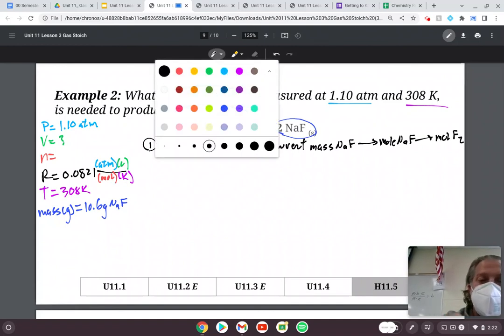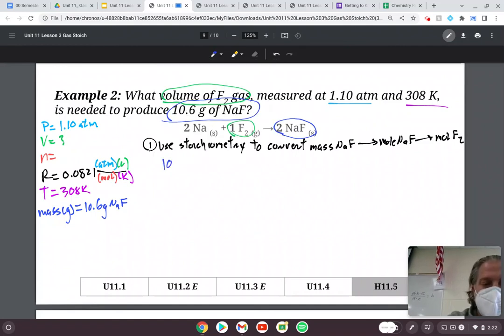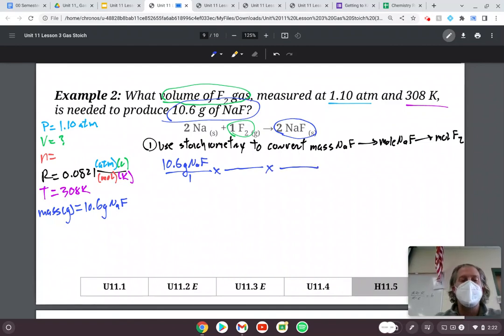So in this problem, I'm going to take the 10.6 grams of NaF, and I'm going to go mass to mole to mole. Would like you to take a moment and do this one on your own.